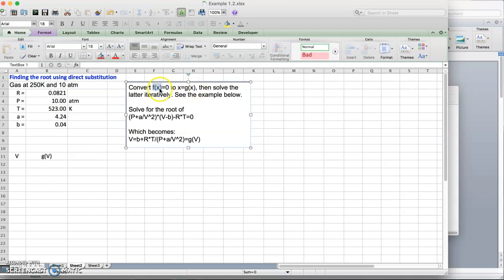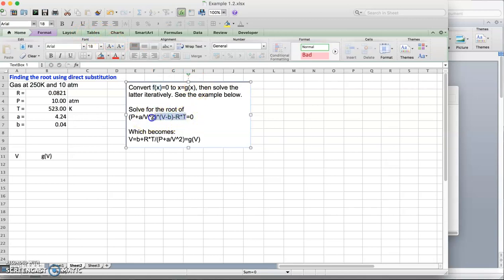So if you want to find the root of this function f of x, we have to convert it to x equal another function of x. The left hand side has to be x, the right hand side has to be a function of that x. Let's see what this exactly means in this specific example.